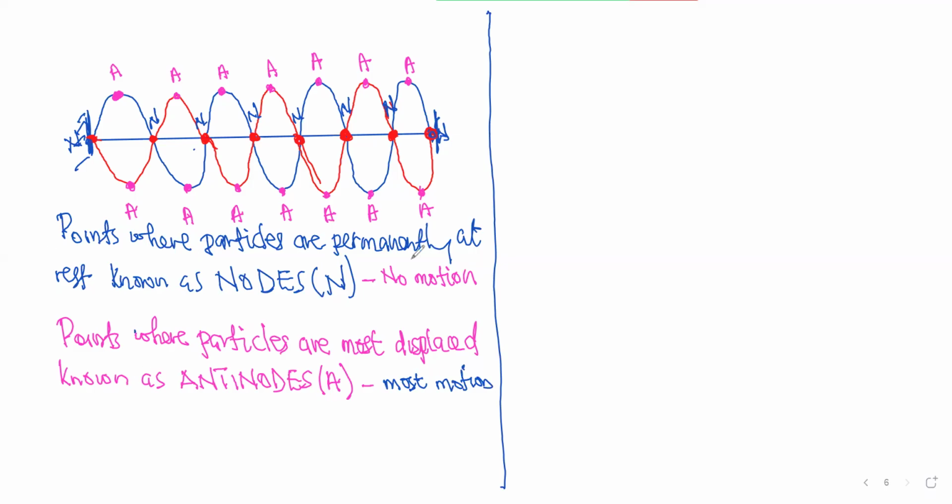Particles. And here, most motion of particles. So a stationary wave is made up of nodes and antinodes, whereas a progressive wave is made up of crests and troughs.